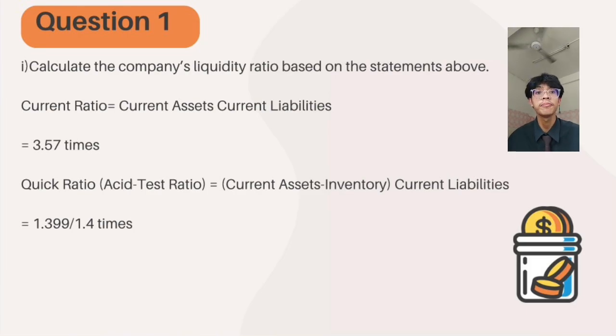That adds up to a total of $2,015,000 in current assets. Then we look at the current liabilities, which is $575,000.